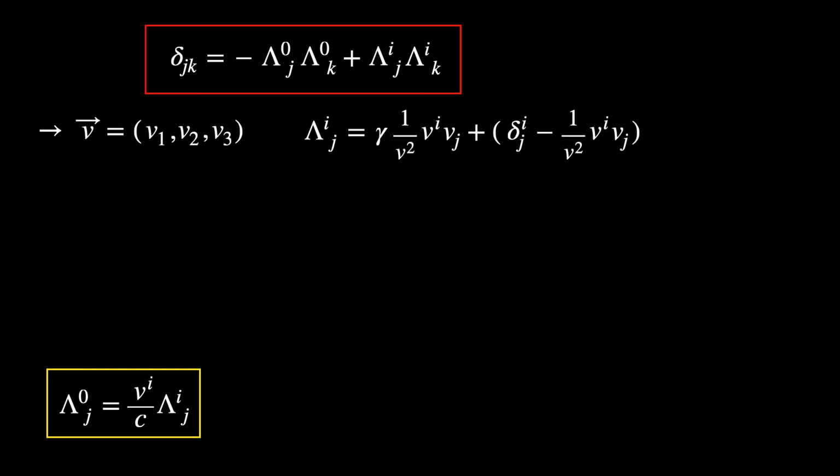Now let's proceed with our substitutions. We will need lambda 0j. Notice that in this expression, lambda ij is contracted with V, therefore the perpendicular projector just drops out.